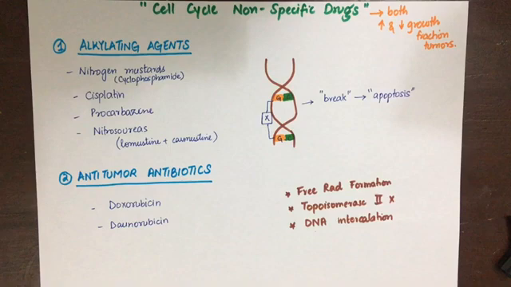The second non-cell cycle specific drugs are anti-tumor antibiotics, and they work by three mechanisms mainly. One is free radical formation, second is topoisomerase 2 inhibition, and three is intercalation of DNA. They include the drugs doxorubicin and daunorubicin.